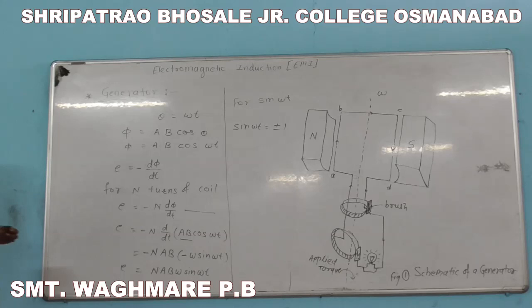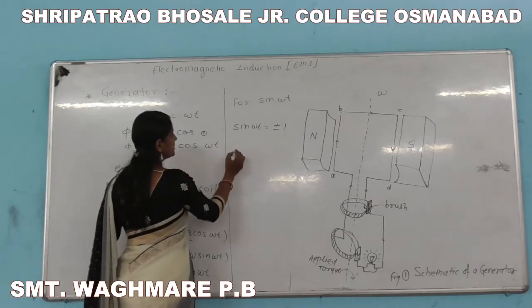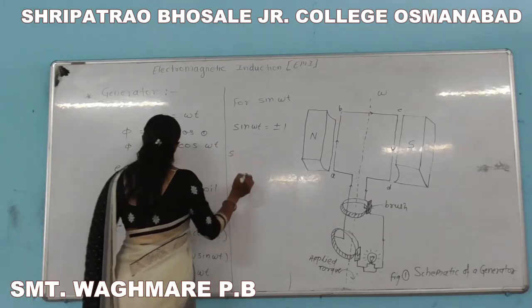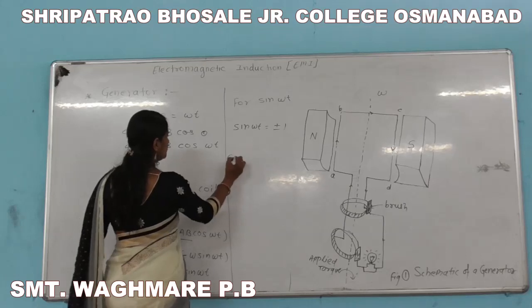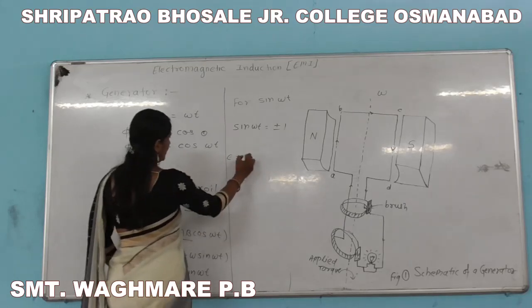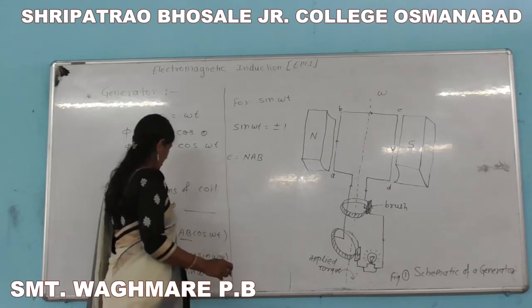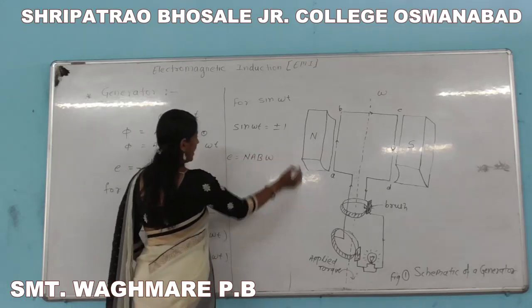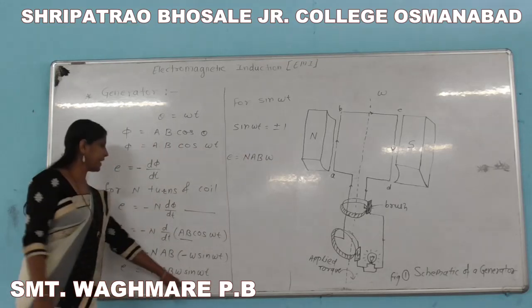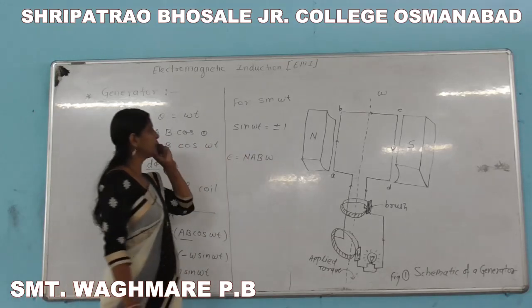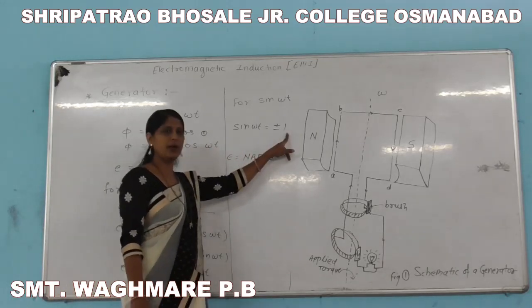Therefore, this equation can be written as E is equal to NAB omega, because in this case sin omega t is equal to plus or minus 1.